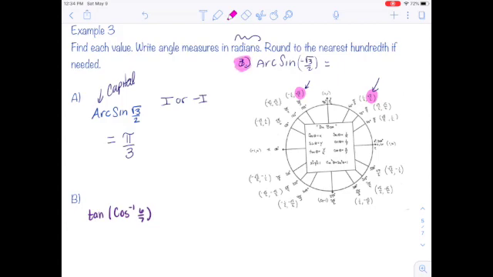Now, a little takeoff, look over to where I added a little extra example right in here, and you can see how things would change if I went arcsine of negative square root of 3 over 2.